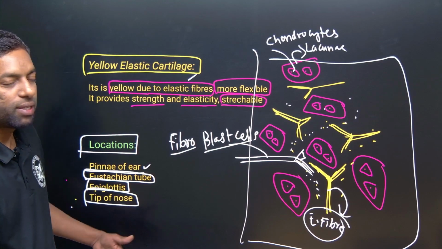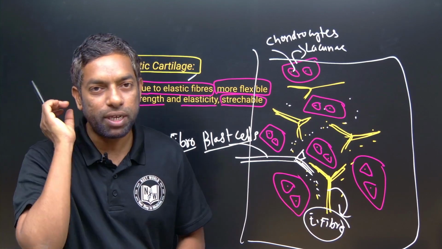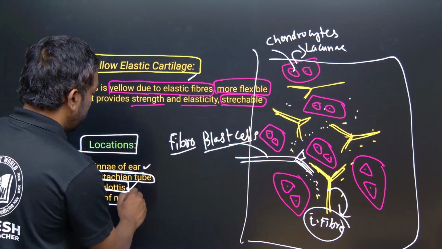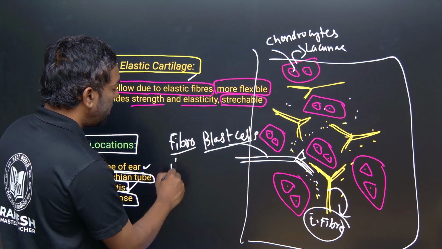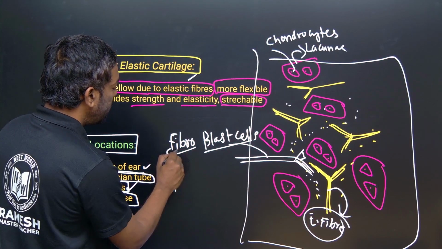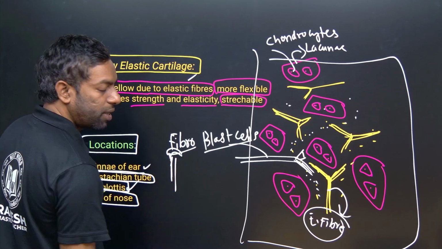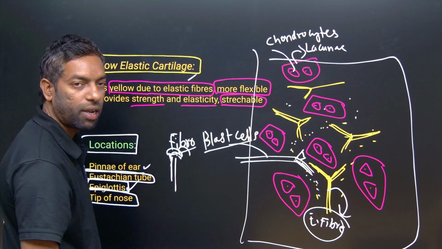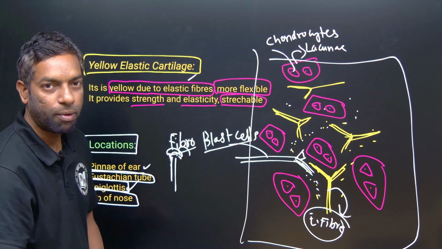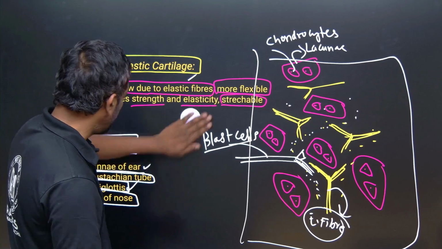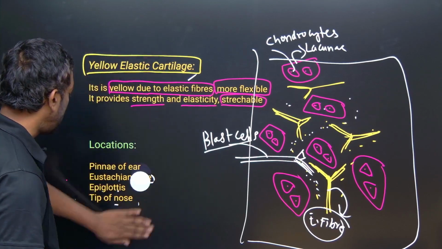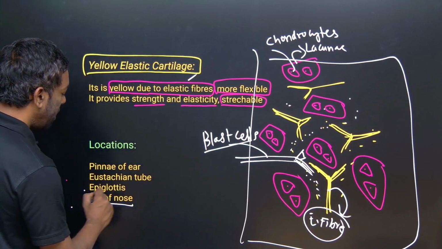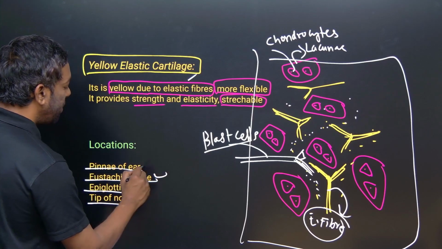Okay, guys, yellow elastic cartilage is found especially in the ear and tip of the nose, and as well the epiglottis. The epiglottis covers the glottis and does not allow food into the air tube. So this is about the tip of the nose, epiglottis, eustachian tube and pinna of the ear.